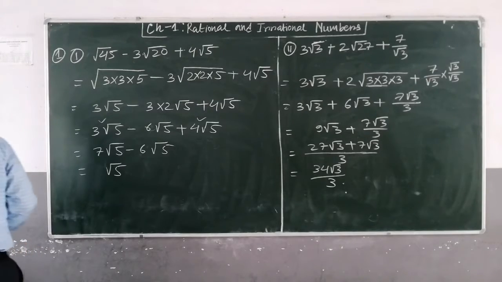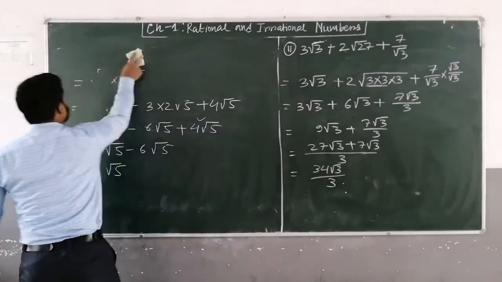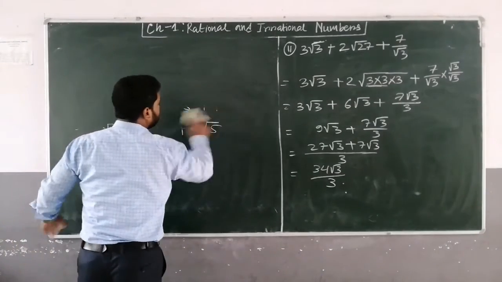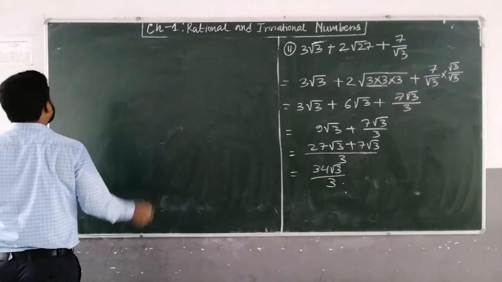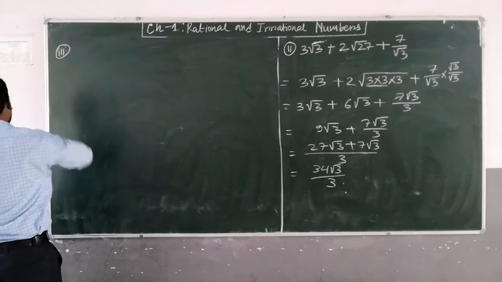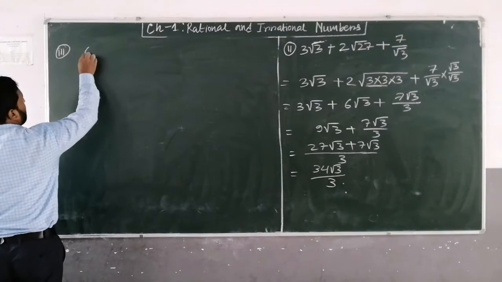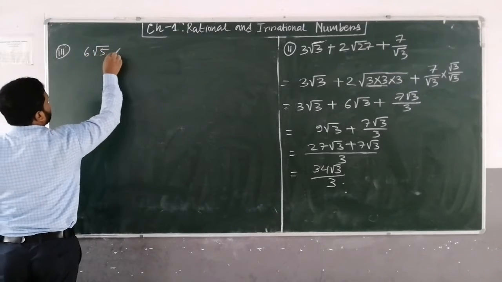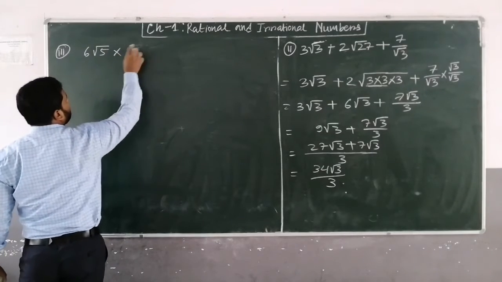Now come to the third part. Okay, in the third part it is given that 6 root 5 into 2 root 5. 6 root 5 multiplied by 2 root 5.